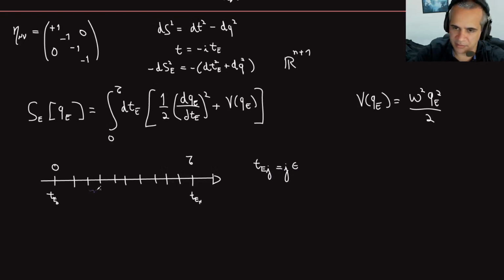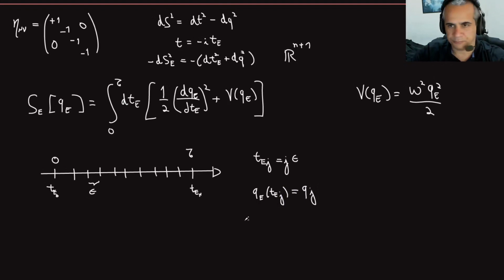Epsilon is the size of each of these spaces, and the Euclidean position at time t_j, I'll just name q_j to save us some notation.